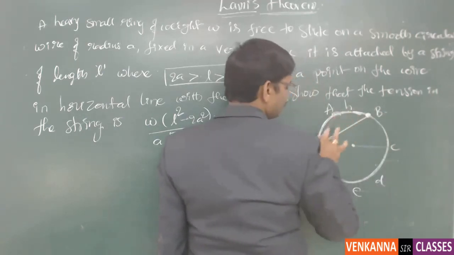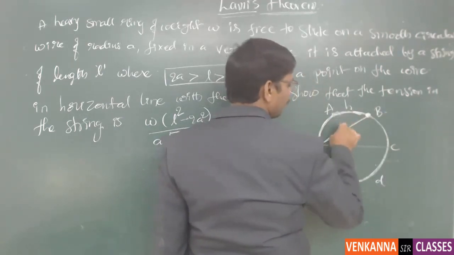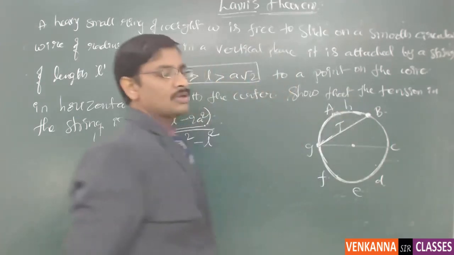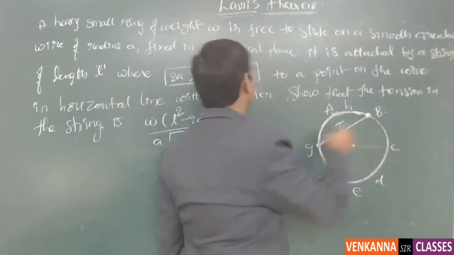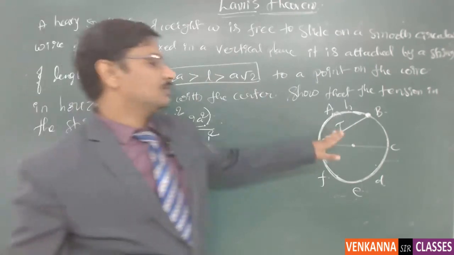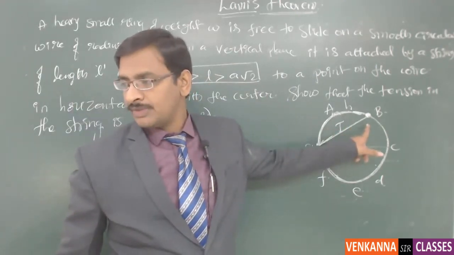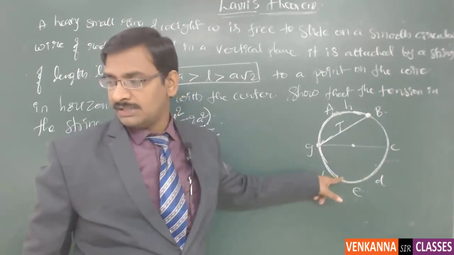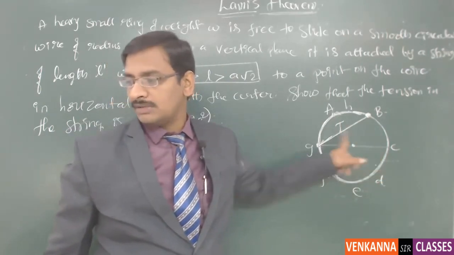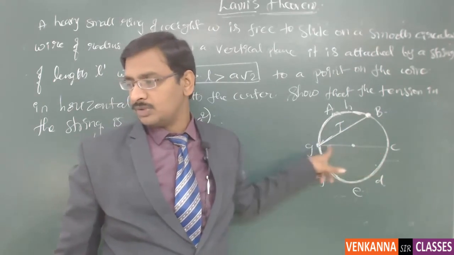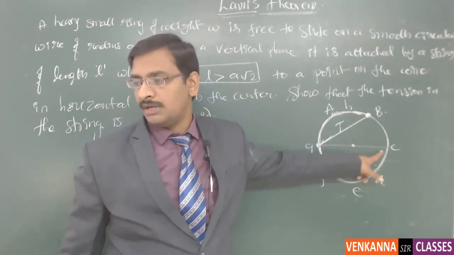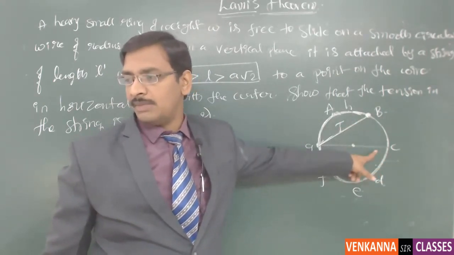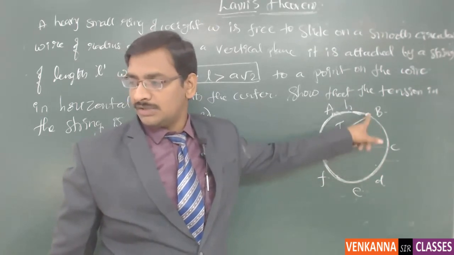Now it is held with a certain tension T on this string. It cannot move further because this length is limiting. It cannot stretch further. If it is here, it will come back. And it cannot go to this point because the length is less than 2a. This is the radius, this is the diameter, so this length is less than the diameter. If it is here, it will stop there itself.